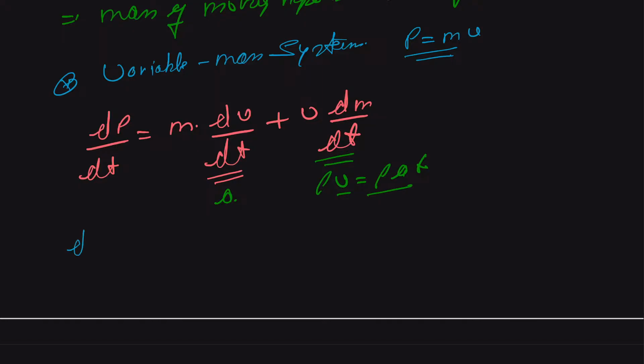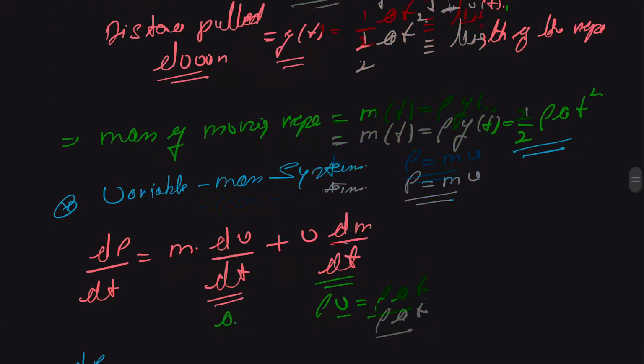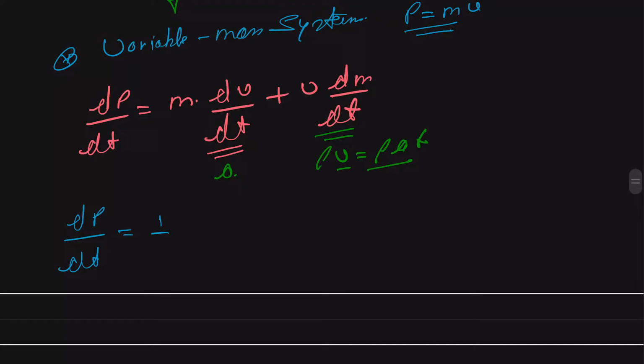Therefore, we can say that dP by dt is equal to, we already know the mass is half rho a t square. So we can write this as half rho a t square, and for dv by dt we put a, and this v is our a t, and dm by dt is our rho a t.